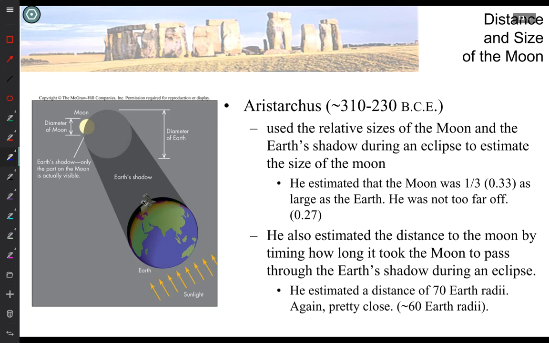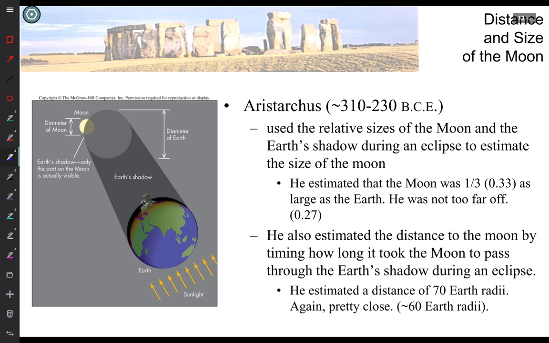If we can assume the sun is far enough away that the sun's rays are parallel, that must mean that the Earth is about 3 times bigger in radius or diameter than the moon, which is pretty close. The actual fraction is 0.27. If he had said a quarter, he would have been closer to right. Yes, that's true, but he was in the ballpark.